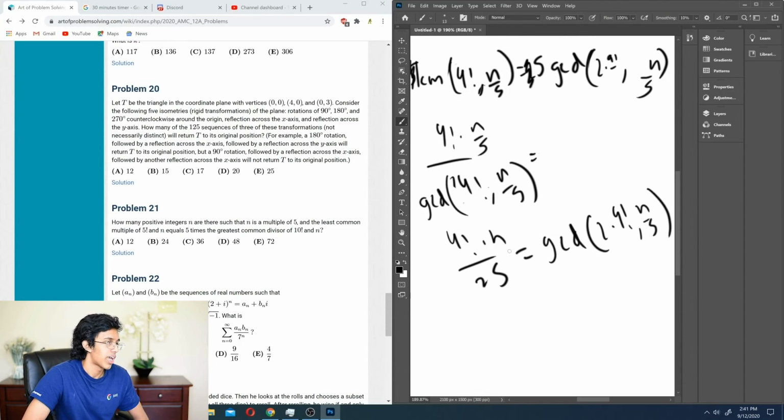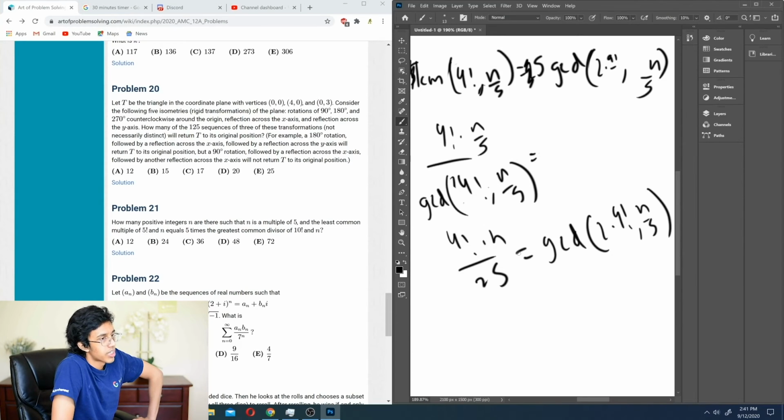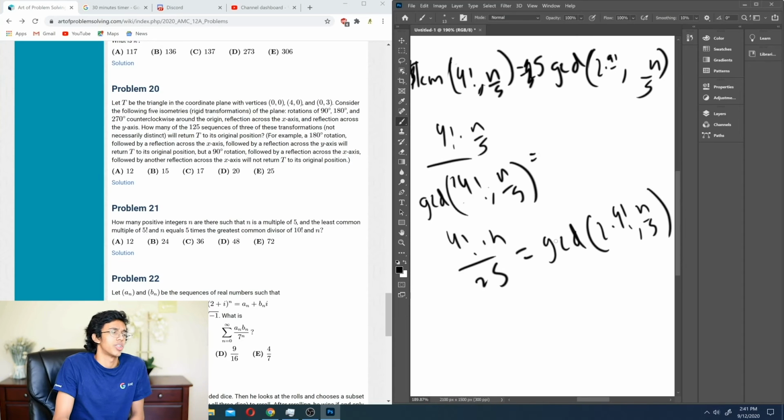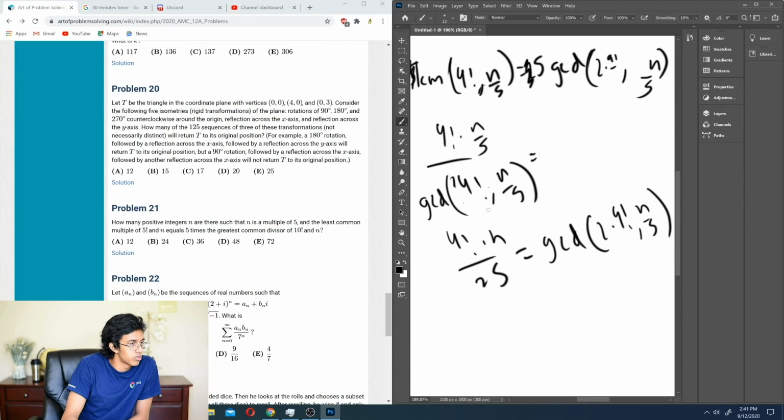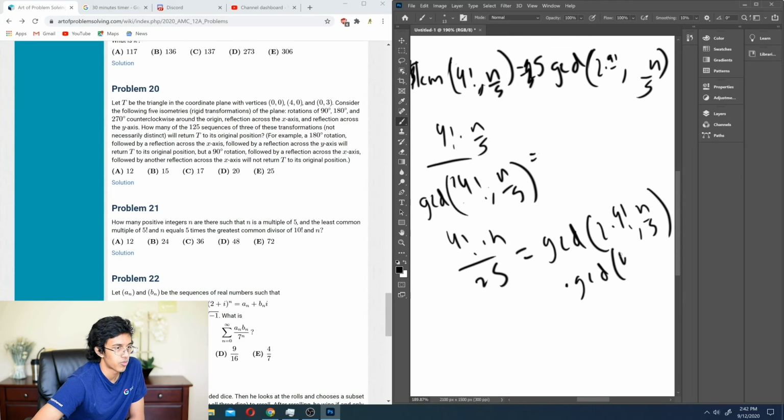So does that mean that n has to be divisible by 25? Hold up. Oh yeah, basically it does. It does have to be divisible by 25, okay. Wait, does it? Does that even make sense? Logically, yeah, it does, okay. Makes sense. No? What? Hold up. No. Wait, what? Times GCD of 4 factorial times n over 5.